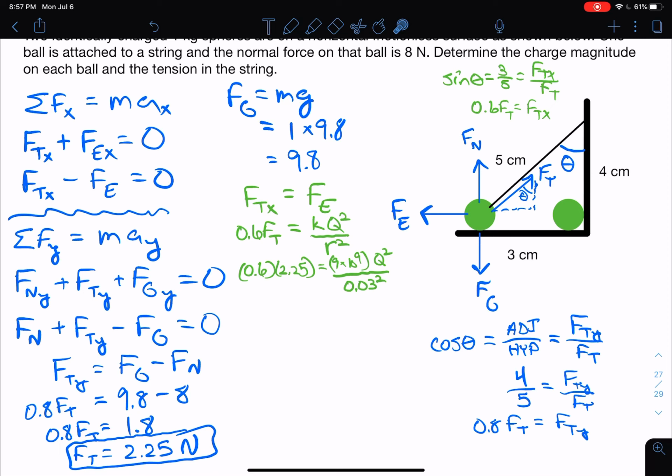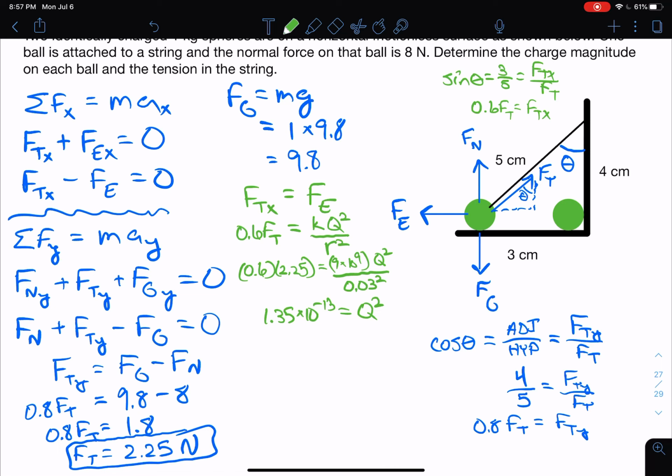Okay, so now it's just a matter of solving for Q squared. I do 0.6 times 2.25, and then I have to multiply by 0.03 squared and divide by 9 times 10 to the 9th. And I get 1.35 times 10 to the negative 13th equals Q squared.